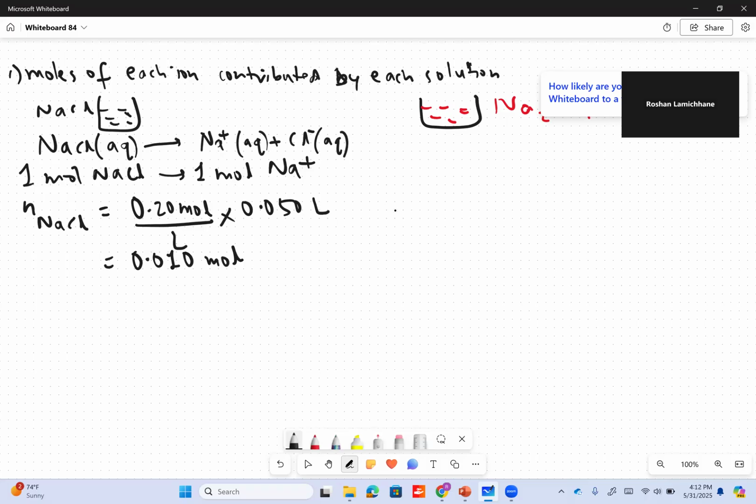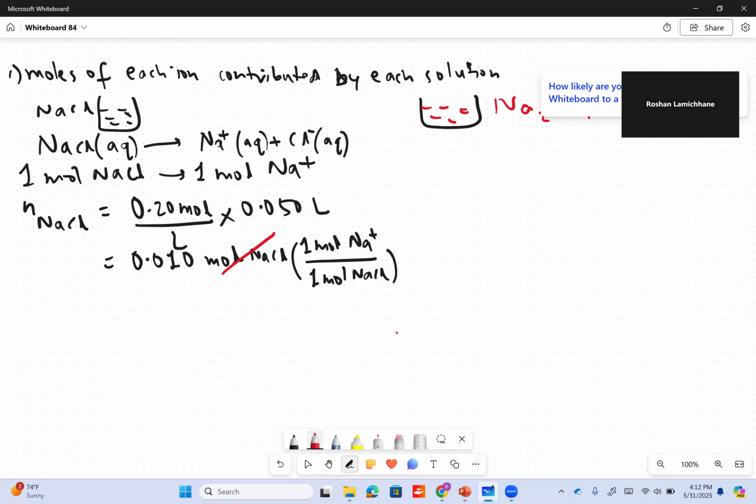All right. Now, as soon as I find NaCl in my first solution, I can use this conversion factor: 1 mole of NaCl yields 1 mole of Na+, meaning that I can just do this. I can just show you the whole thing. 1 mole NaCl yields 1 mole of Na+ ion.